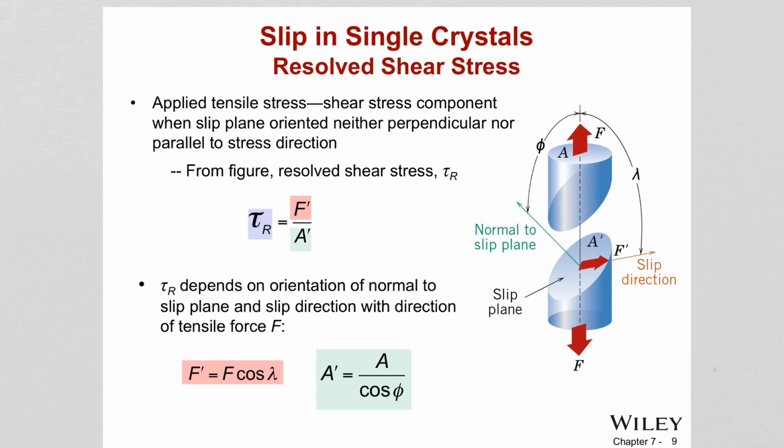So now we have learned that for slip to happen, we need to apply shear stresses to the material. So how do shear stresses emerge in a material? When we apply a tensile stress, right? When we apply a tensile force to the material, as you see in the figure, this tensile force has shear components, like force components.